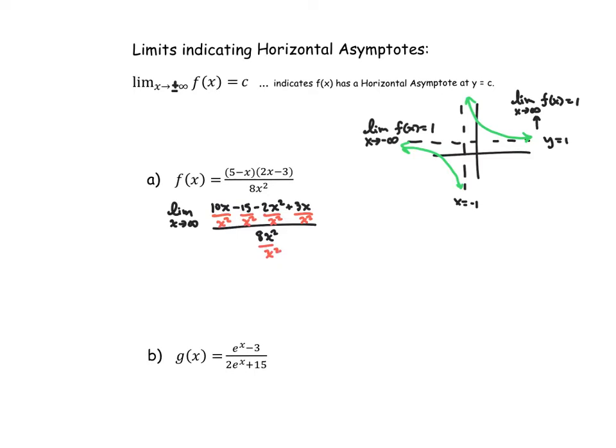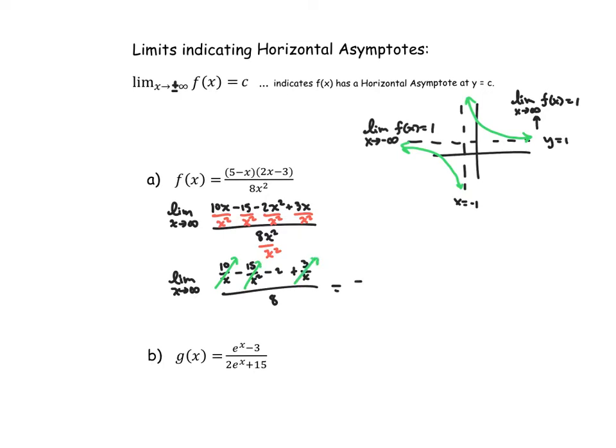So I'm going to rewrite the limit, simplifying, and I'll see that I get 10 over x minus 15 over x squared minus 2 plus 3 over x, all over 8. Now what will happen as x goes to infinity is that each of these terms will go to 0.